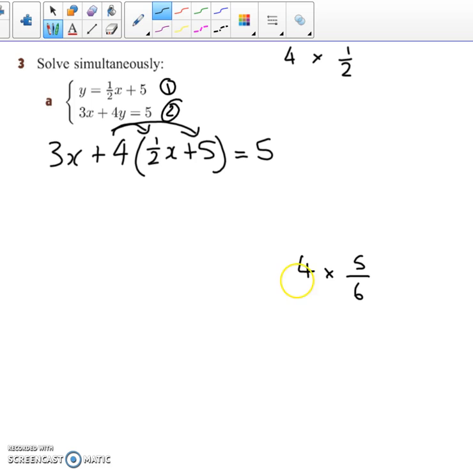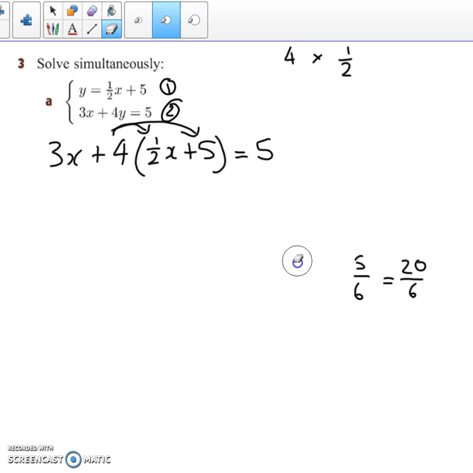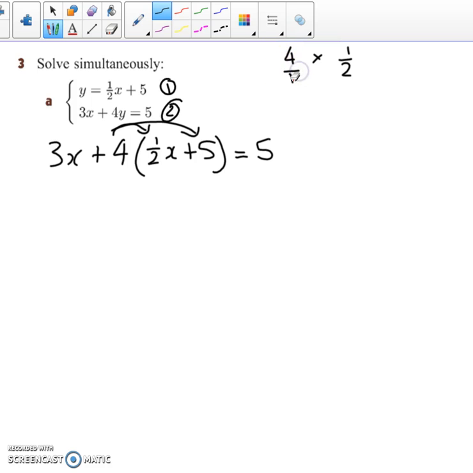So 4 is the same as 4 over 1. When we multiply fractions, it's 4 times 5, and we multiply the denominators, 1 times 6 being 6, giving 20 over 6, and then you can simplify that down. But in the scenario that we've got here, we have 4 over 1 times a half, which gives us 4 over 2, which is then 2.